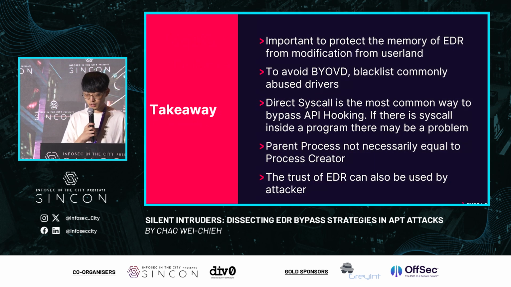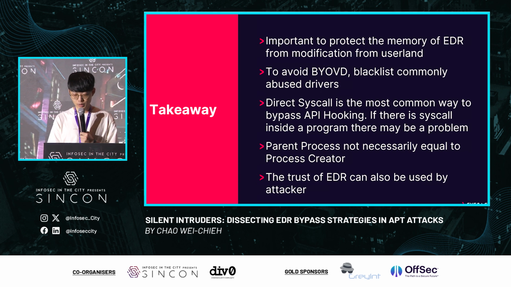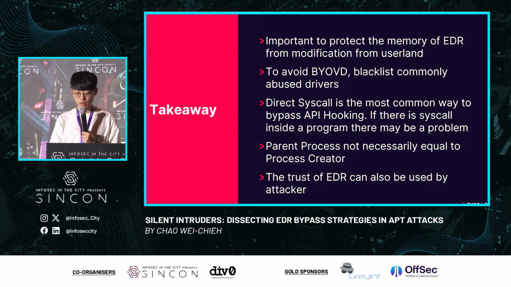Okay, so this is the end of my talk, and here are some takeaways. First, in the first APT case, the attacker was trying to do API hooking on the EDR. So it is also important to protect the memory of the EDR from modification from user land. And second, we see that BYOVD is commonly used in APT cases.